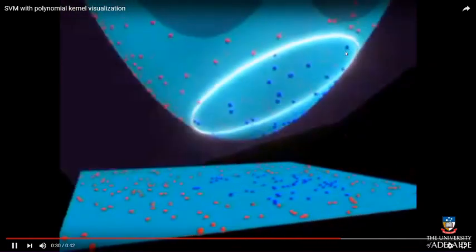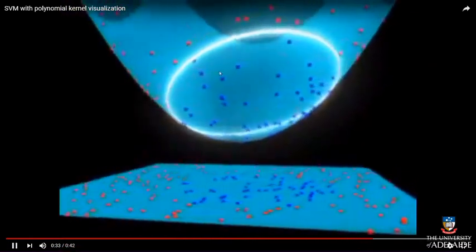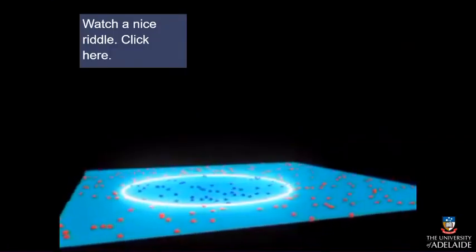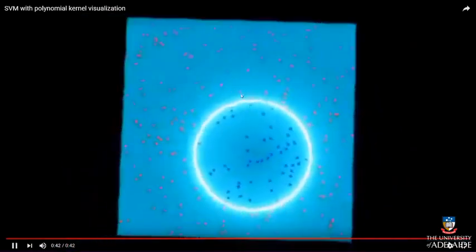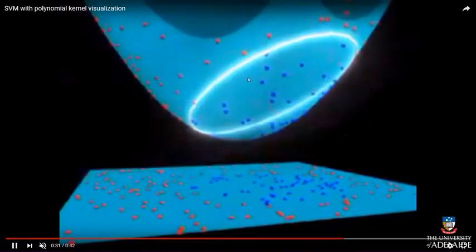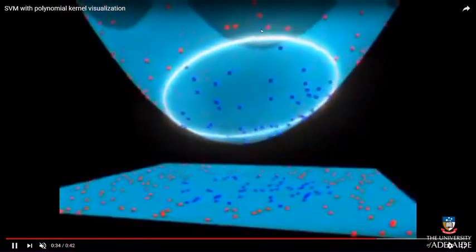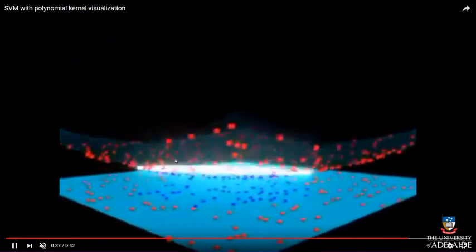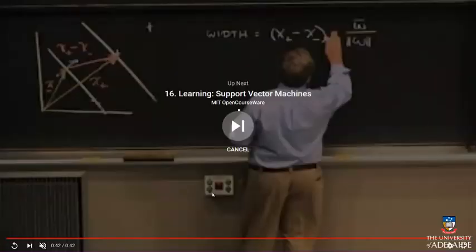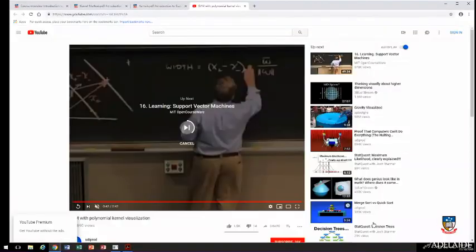This is the original 2D data, and then in the 3D space, we just find this hyperplane to separate the two sets of data points. And if we project this 3D hyperplane back into the original 2D, it corresponds to a circle, right? It's nonlinear. So that's the idea.